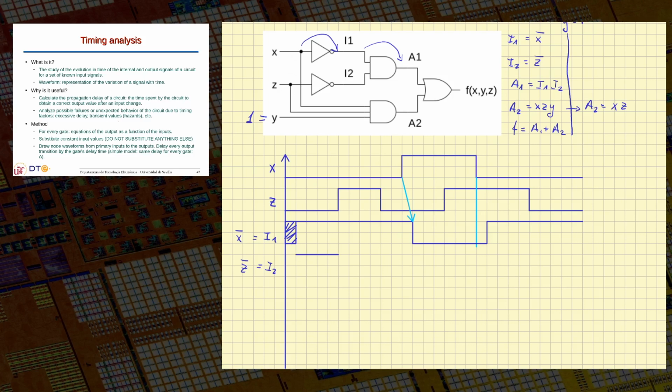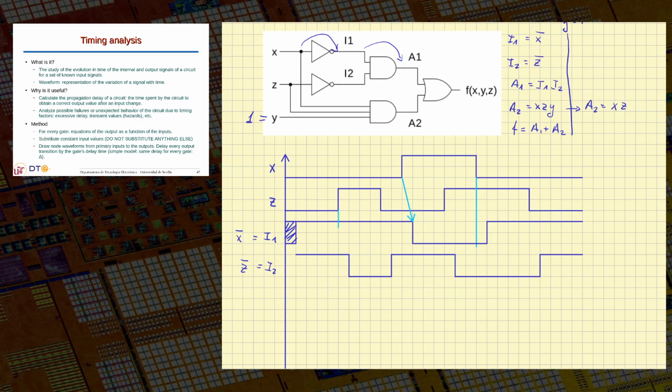And anytime Z changes, it will also change, but a delta interval afterwards. So it changes again here, so it will change, but a delta interval afterwards. So this way I can just draw the signal, making all the changes in Z, but waiting for delta after that change.